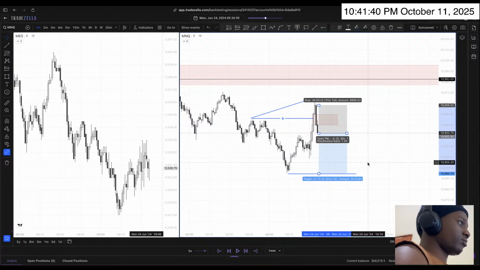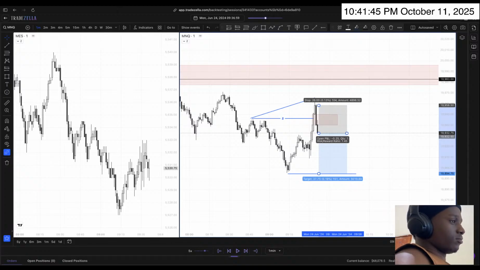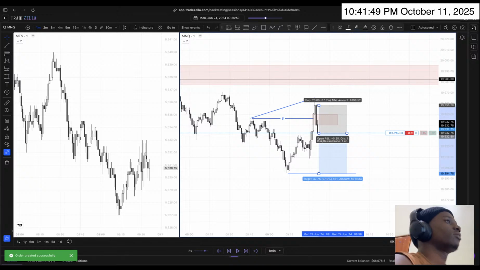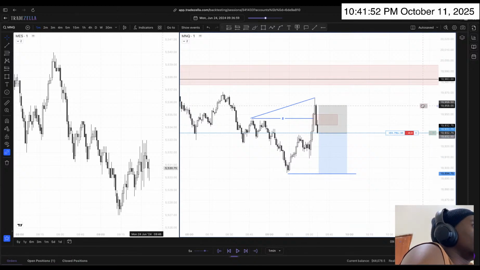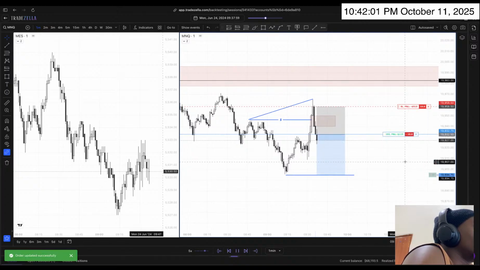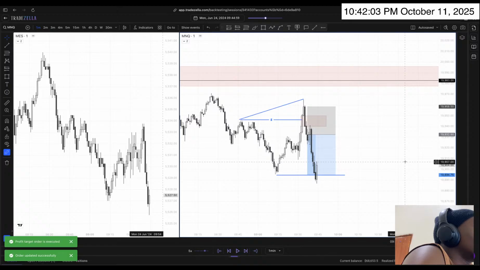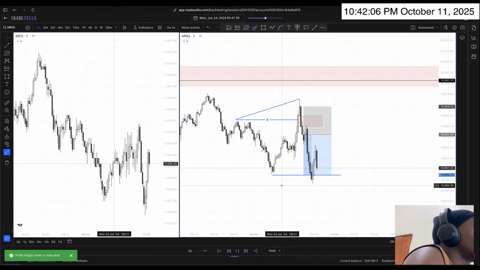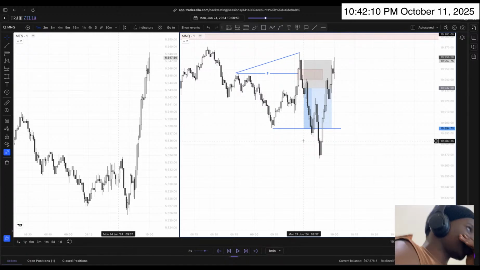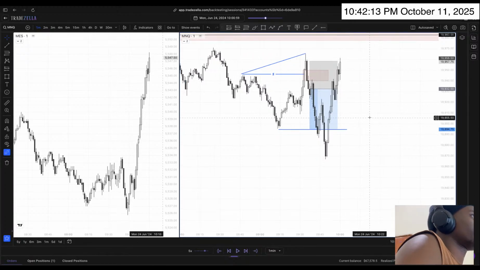So that's 110. Full take profit gets hit right there. And this was a good setup.